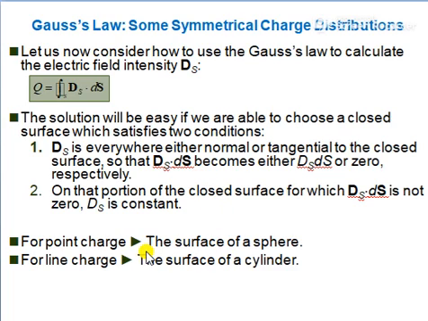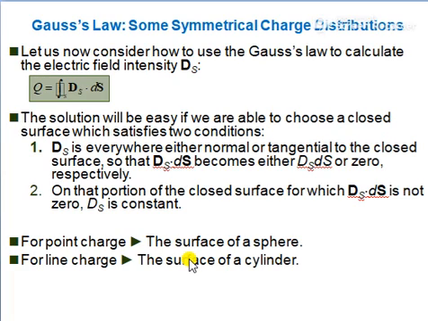If a point charge is there, the surface should be chosen as a sphere. If a line charge is there, the surface is chosen as a cylinder. Previously we proved Gauss law using a point charge, so you have to consider these conditions.